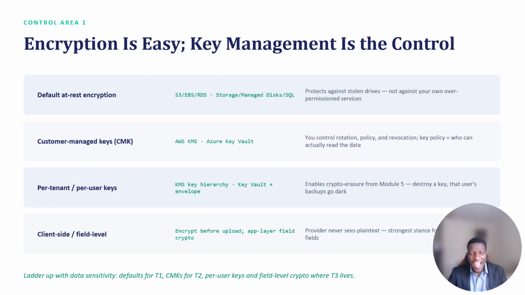Next you have customer-managed keys in a key management system or key vault, with rotation. This gives you the policy and revocation, and actually puts it in your own hands, and the key policy becomes the true answer to who can read this data and who of course cannot read this data.